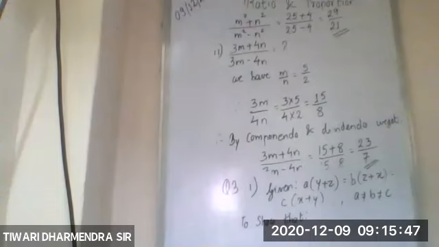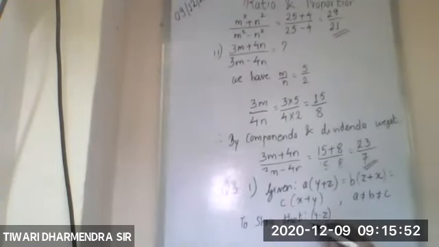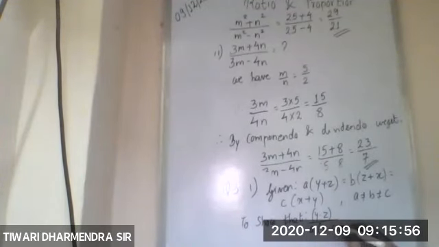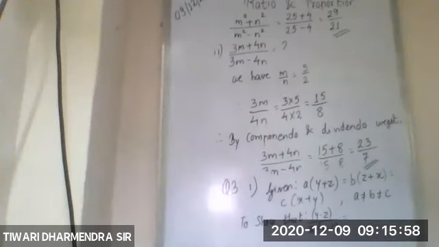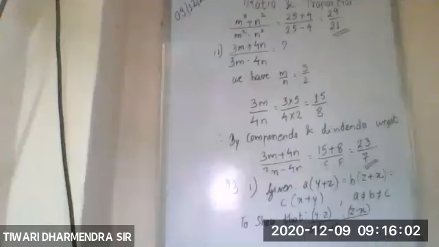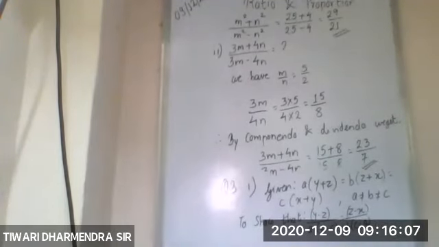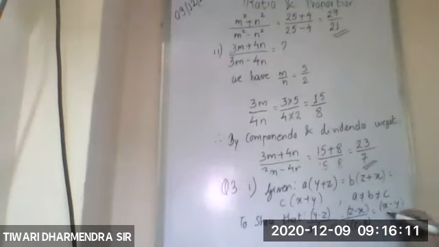Then we need to show that y minus z upon a into b minus c is equal to z minus x upon b into c minus a is equal to x minus y divided by c into a minus b.